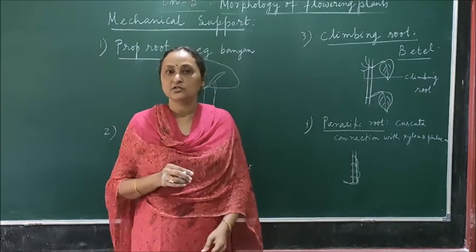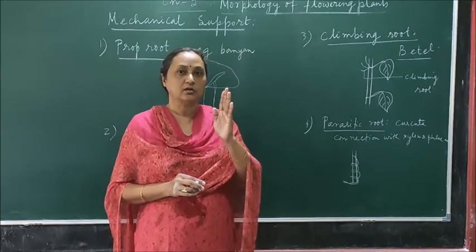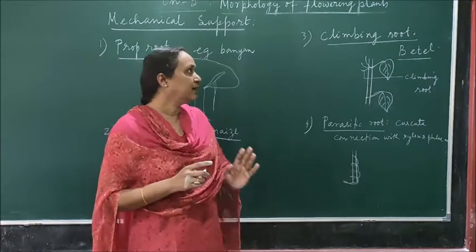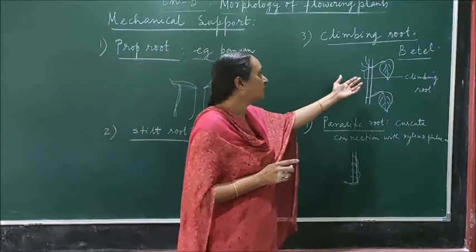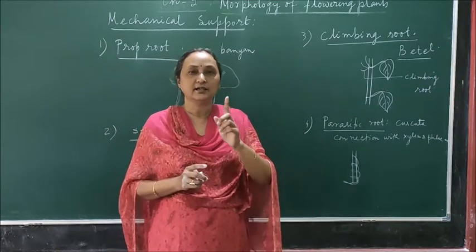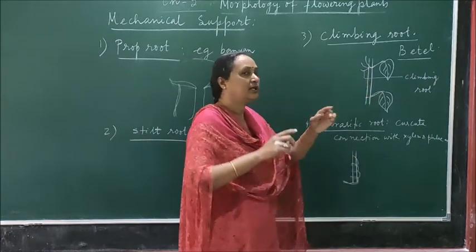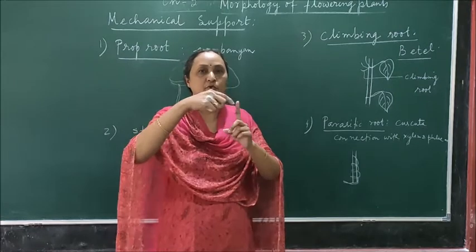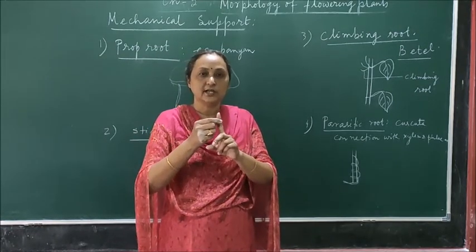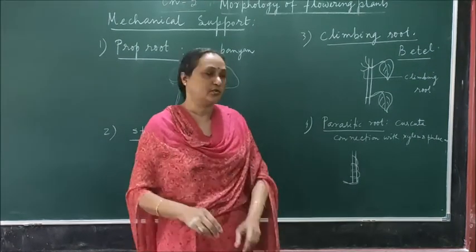In normal plants the stem is erect and strong, so that the stem can support all the branches, flowers and fruits. But in a climbing plant the stem is weak and cannot stand erect, so the roots which develop from the nodes coil around the support, so that they can provide mechanical strength to the stem, and the stem can grow around the support.